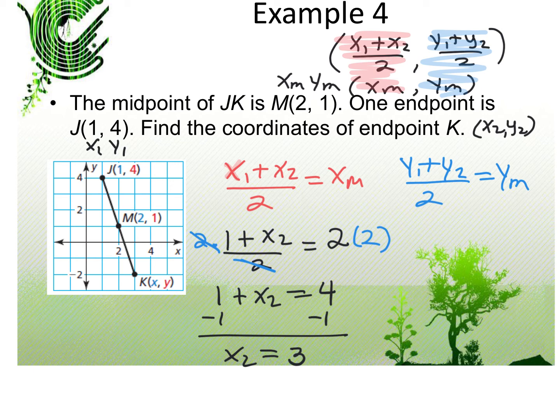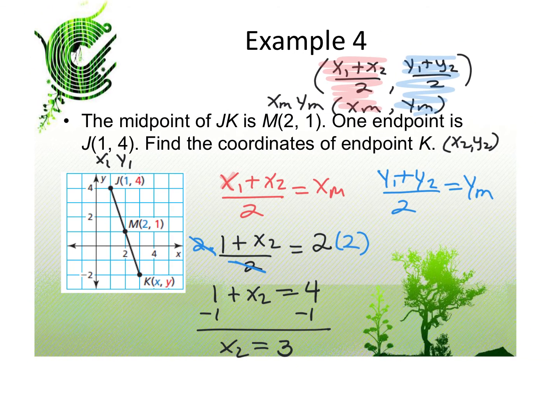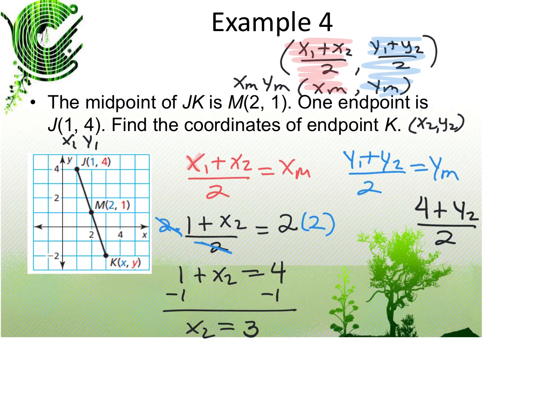I'm now going to do the same thing to get the y of that endpoint. Going to plug in y sub 1 from point J, which is 4. I don't know y sub 2. That's going to be the y of my K. And then the y of the midpoint up there is 1. So the first thing again I'm going to do is get rid of the 2 in the bottom of the fraction by multiplying both sides by 2.